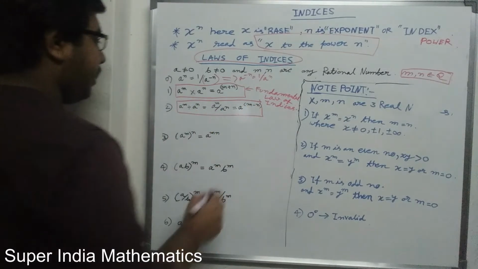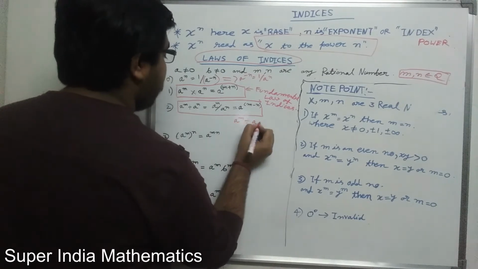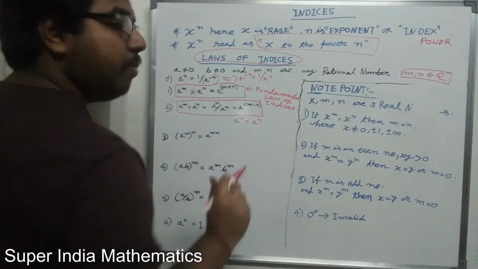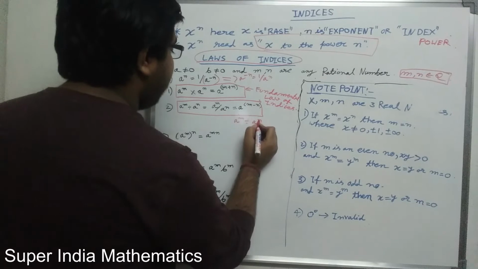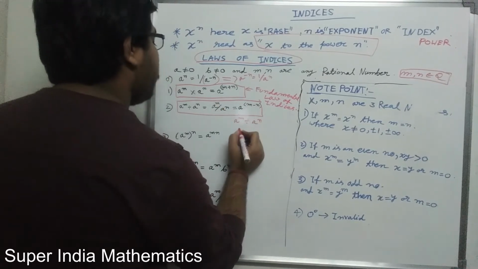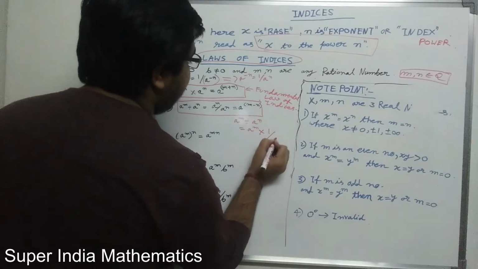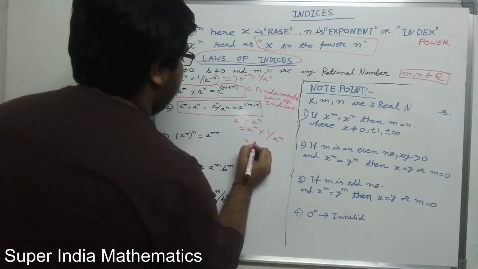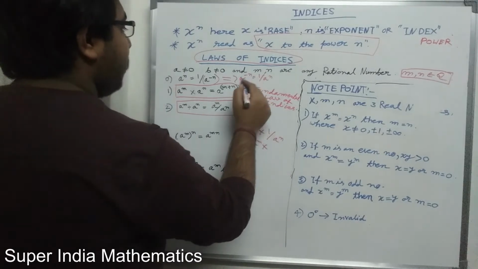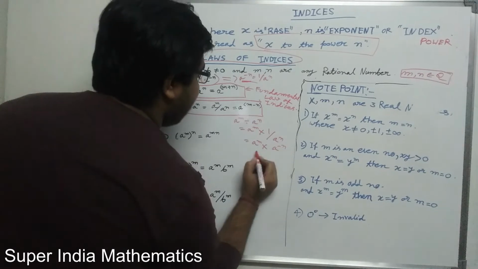Let's prove it using the first law. Using the first law we can prove all the other laws. a to the power m divided by a to the power n equals a to the power m multiplied by 1 by a to the power n, and 1 by a to the power n equals a to the power minus n.